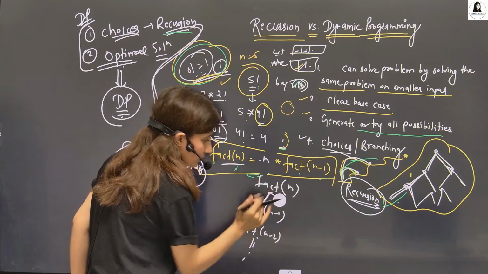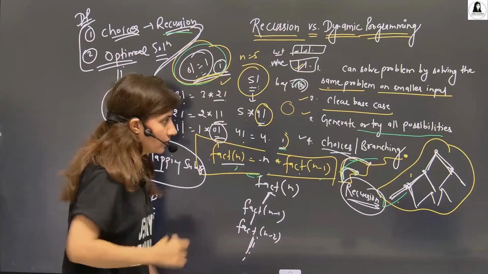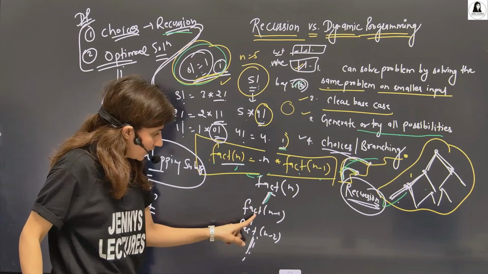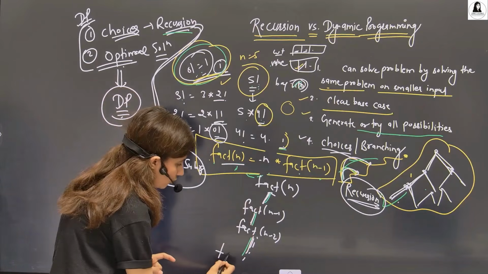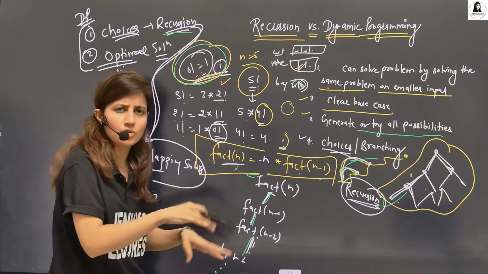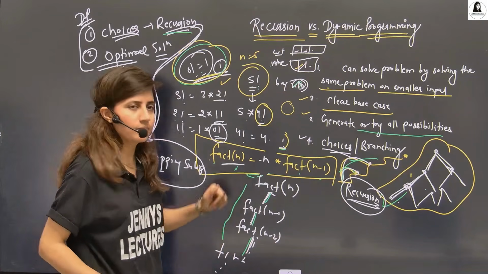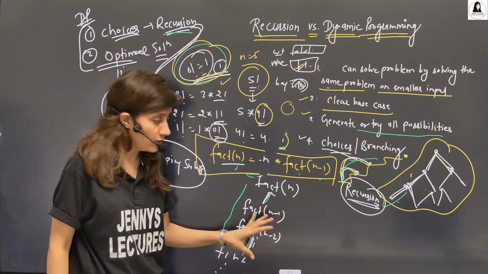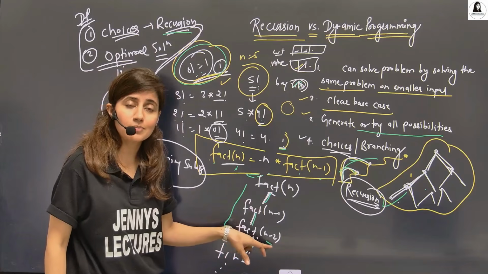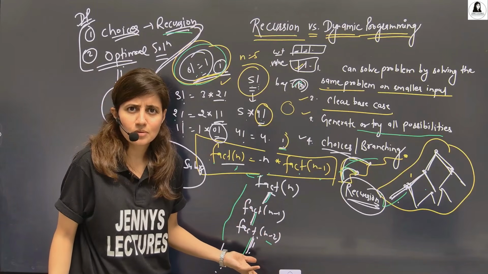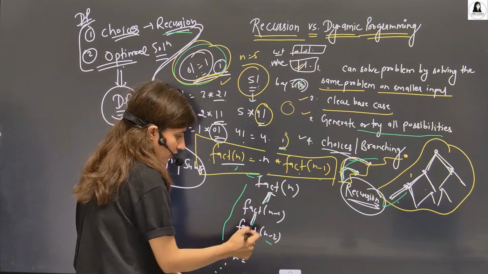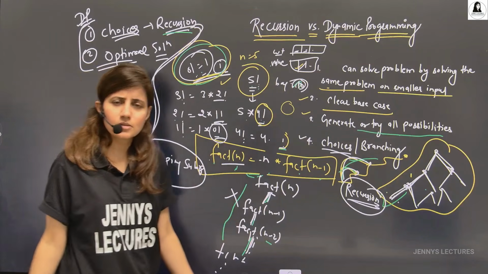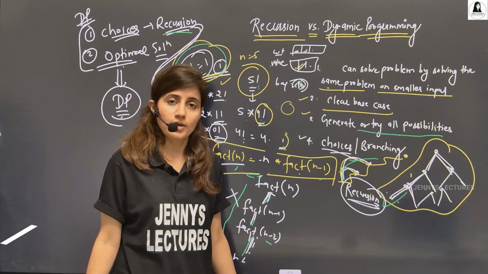This diagram is something like this, not something like that. There is no branching, it's simply one direction: fact of n minus 1, then fact of n minus 2, then n minus 3, until fact of 0, and then we stop and go back. So there are no overlapping problems. It's not that we will be solving the same subproblem multiple times. This diagram is on one side, so it's not a DP problem. That's how you have to identify it.